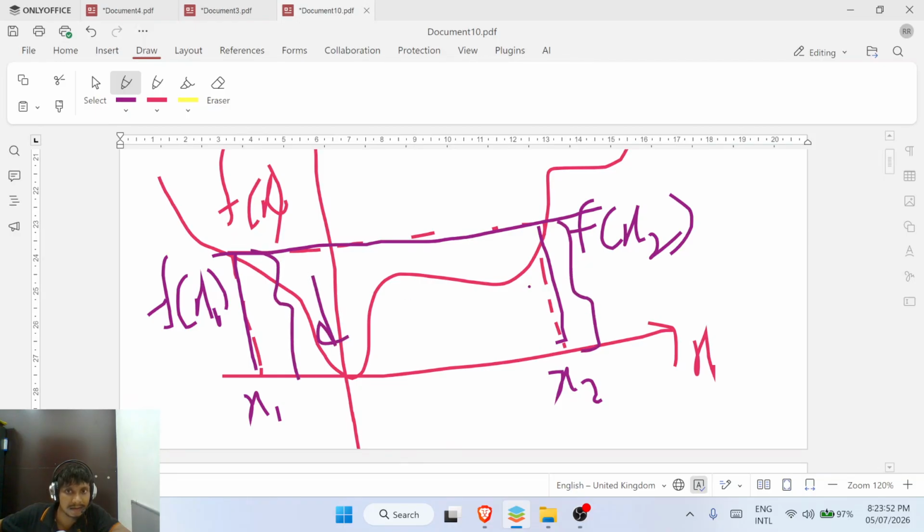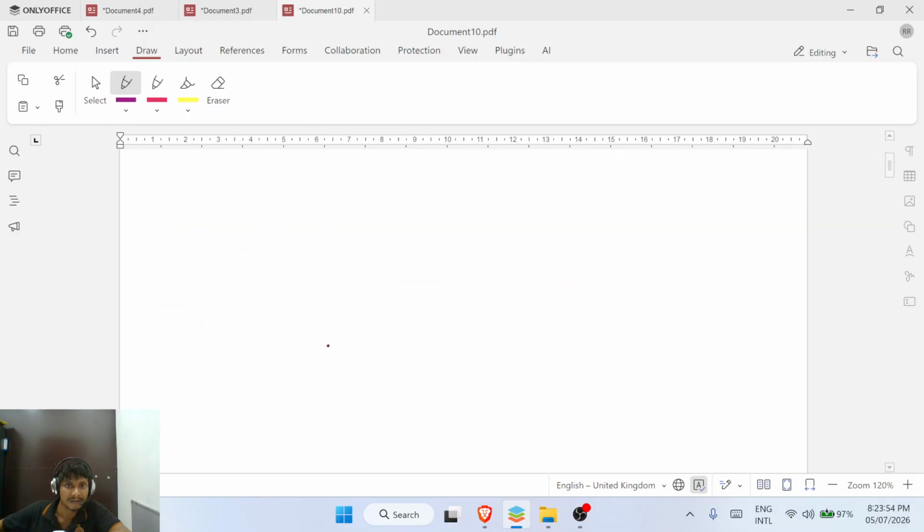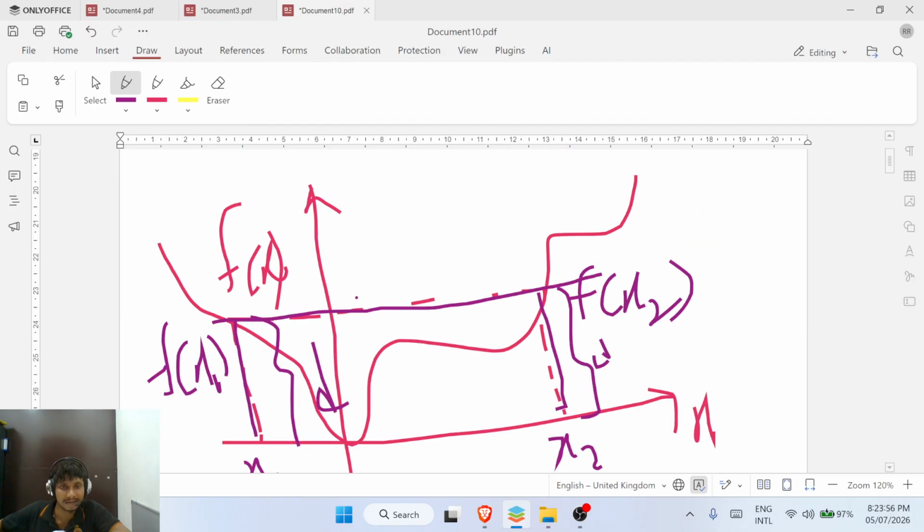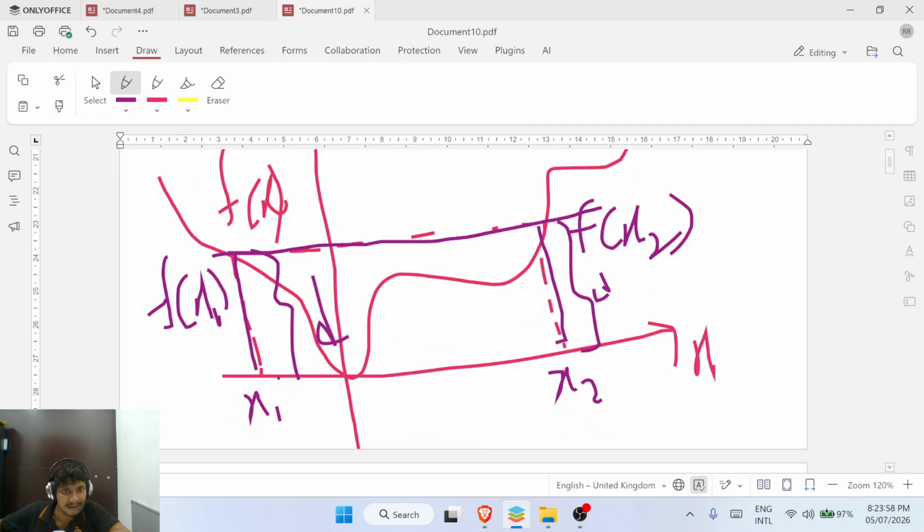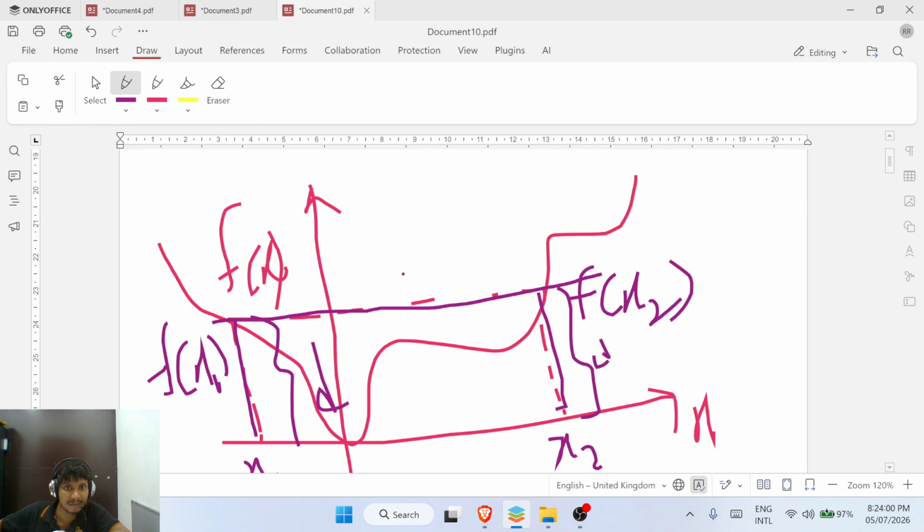Therefore, this is not a one-to-one function, because x1 and x2 have the same value. For example, f of x1 is equal to f of x2, which is equal to 5.